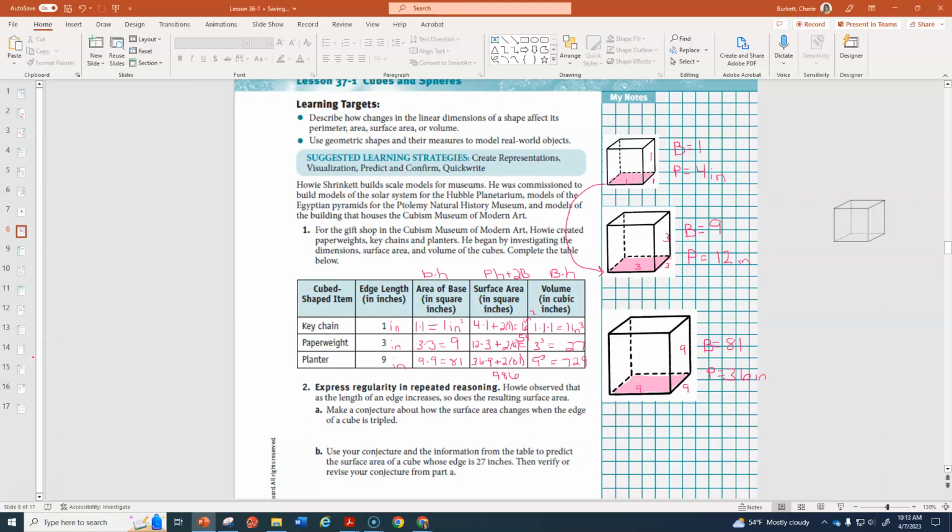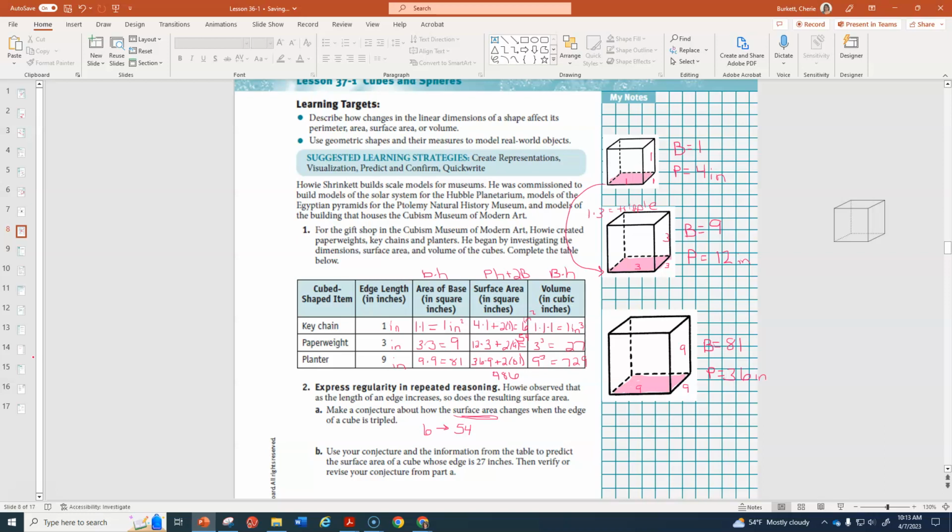That's tripled. It was 1, now it's 3. 1 times 3 means triple. And they want us to look at the surface area. How did that change? We tripled it, and it went from 6 to 54.